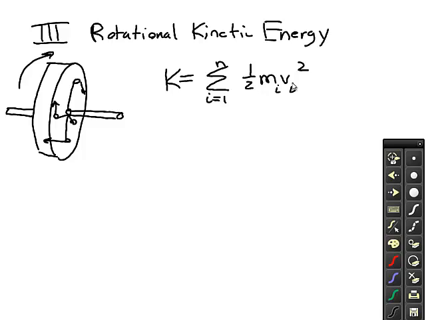when he goes around once, this little particle has gone around once. That is, when this guy has done 2 pi radians, this little guy has done 2 pi radians in the same exact time. They all may have different v's, but they all have the same what?